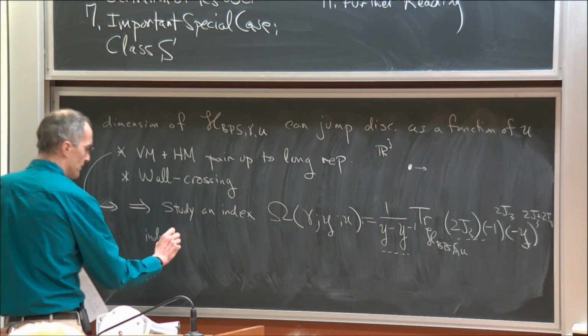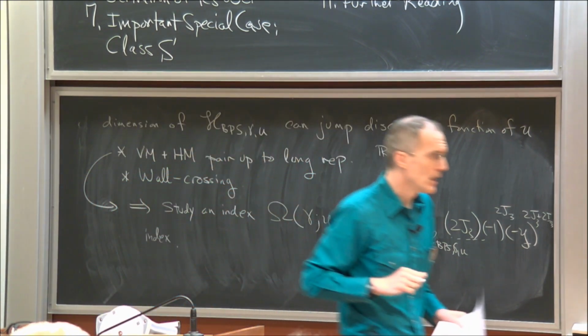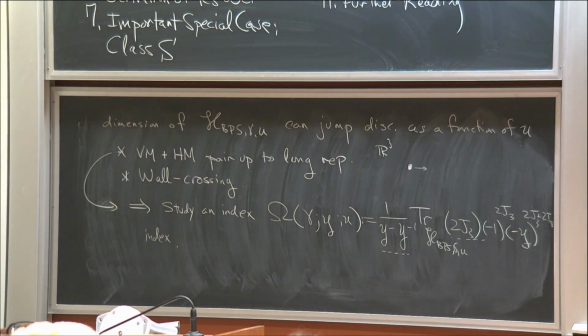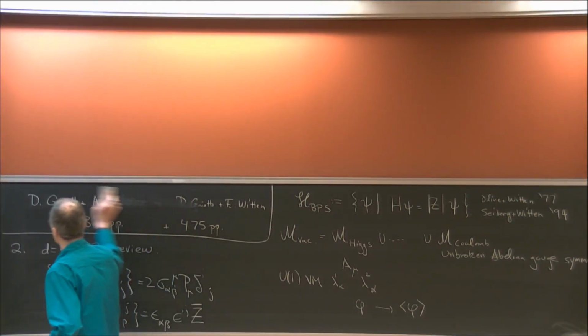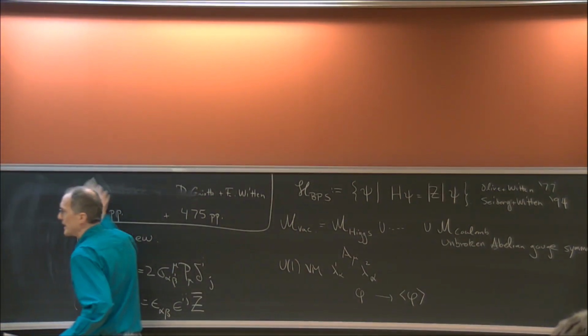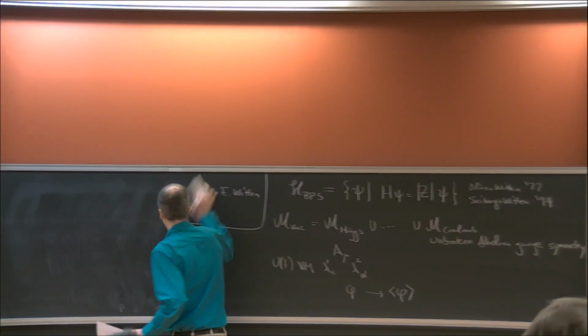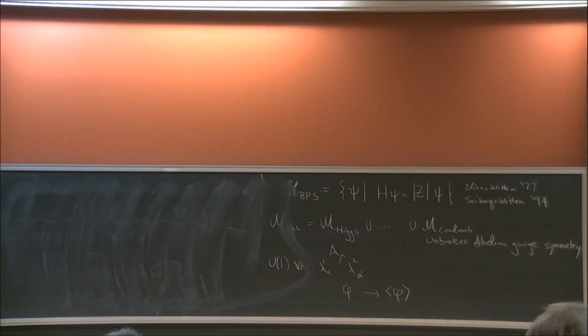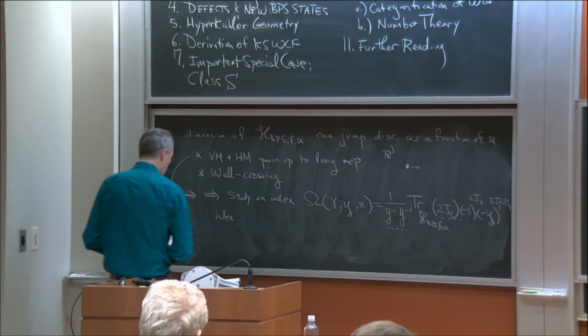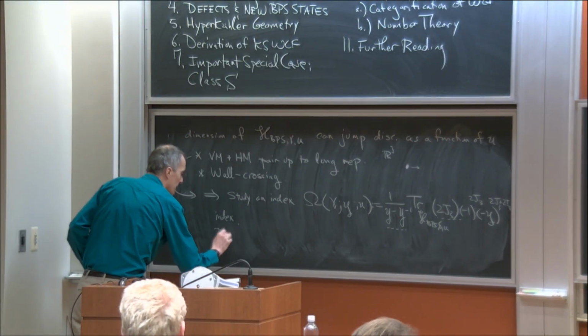Indeed, in some cases, it's literally the index of a Dirac operator. And so therefore, being an index, you don't expect it to change. But that's the surprise of Wallcrossing. The surprise of Wallcrossing is that it's piecewise continuous.